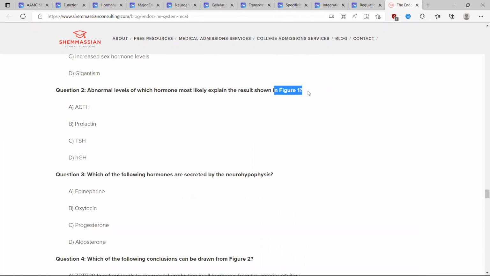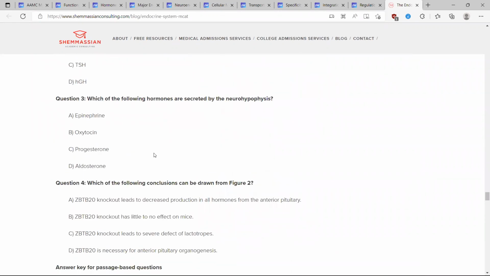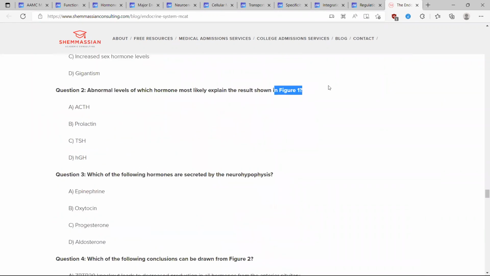Even though they say figure 1, right, figure 1 was not enough information to understand these things. So if it says something like figure 1, that's your starting point. It doesn't mean that you're limited to the figure 1 information.